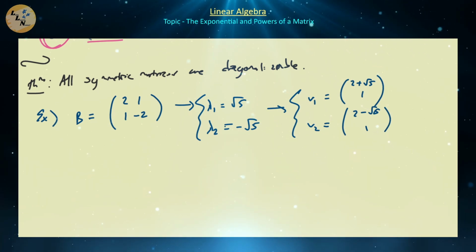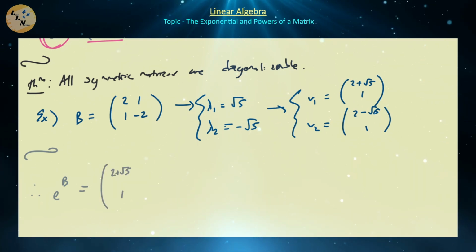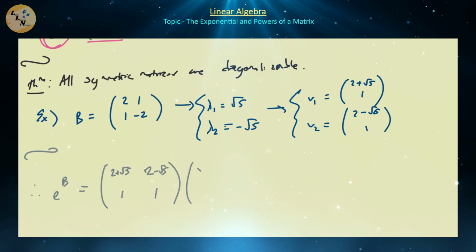So what is going to be e to the power of B? The exponential of that matrix is going to be, we're going to have our eigenvector matrix, [2+√5, 2−√5; 1, 1]. Then our eigenvalues, e to the power of square root of 5, 0, 0, and then e to the power of negative square root of 5.